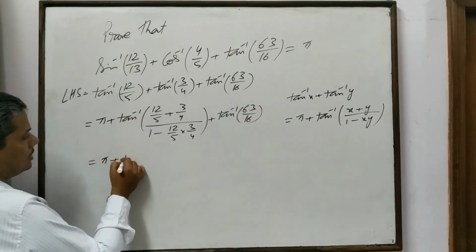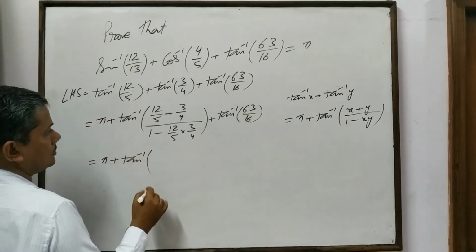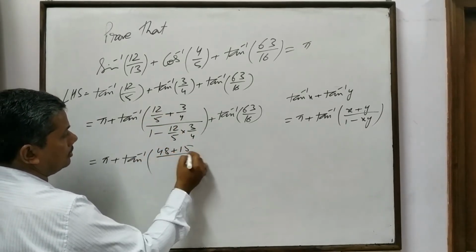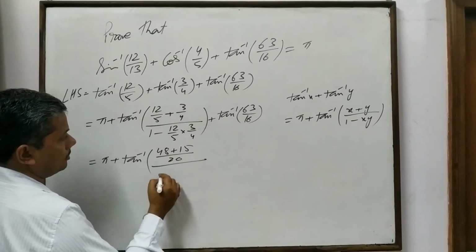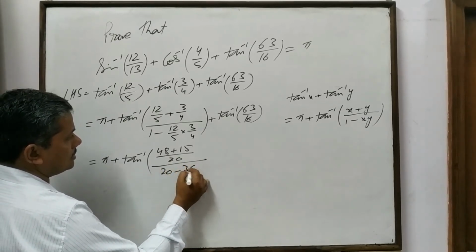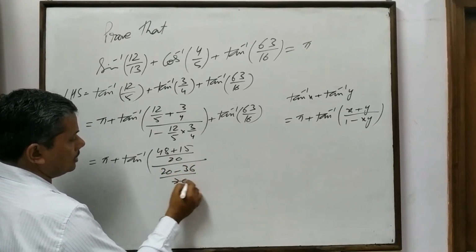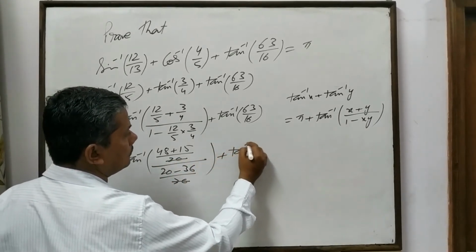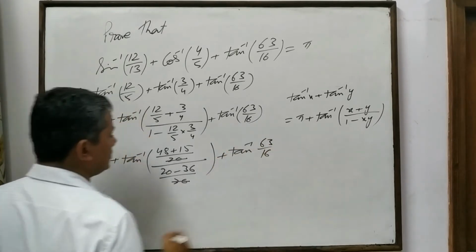This is pi plus tan inverse of 48 plus 15 upon 20 whole divided by 20 minus 36 upon 20. This denominator cancels with the denominator, plus tan inverse 63 upon 16.